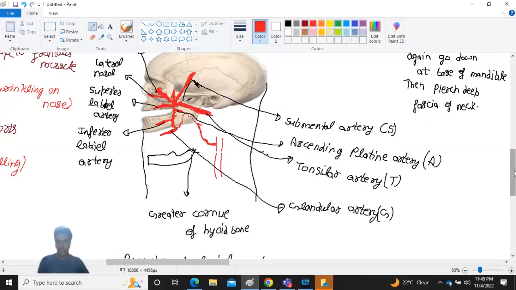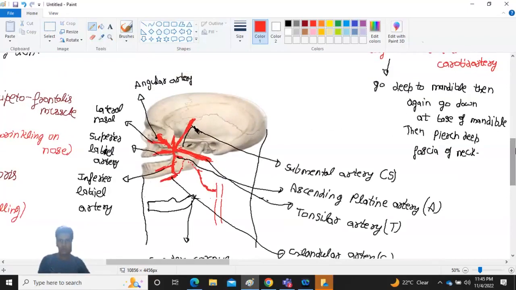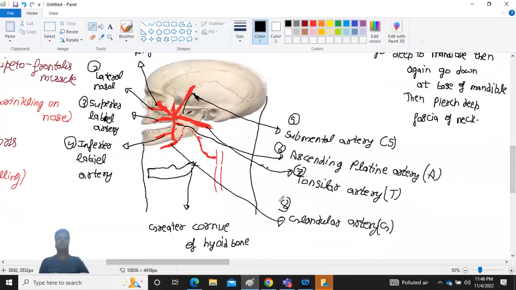Now we can draw this, the arterial supply of the face. Done. All arteries. We can write here the names of the arteries. This is the 1, this is the 2, this is 3, 4, 5, 6, 7 and 8. This is the terminal branch of the facial artery, which goes inside the eye.